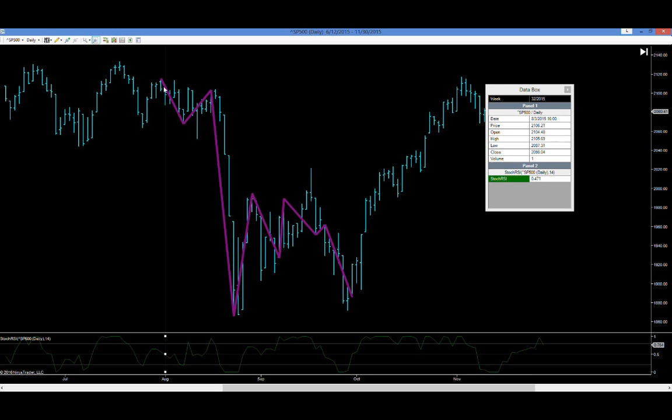So up here in these areas, what we need is to find a way to enter the trade. We don't need an exit, because as you get close to that, say August 24th, one trading day either side, this was a Friday, you would have been at August 21st here.